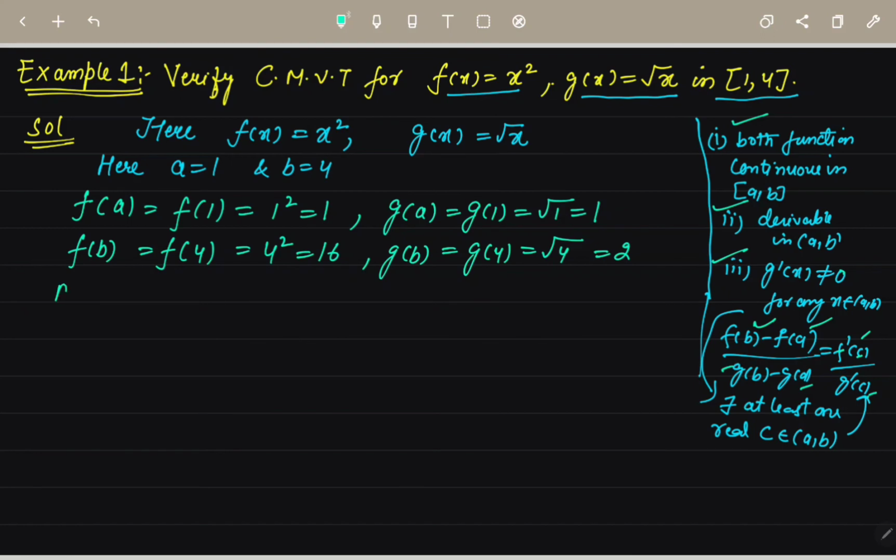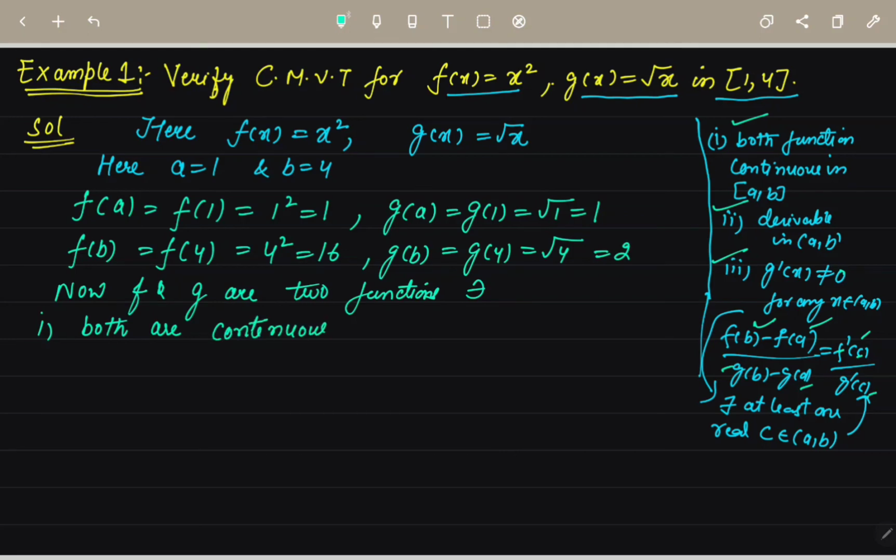Now I will write, now f and g are two functions such that both are continuous in the closed interval 1 and 4.